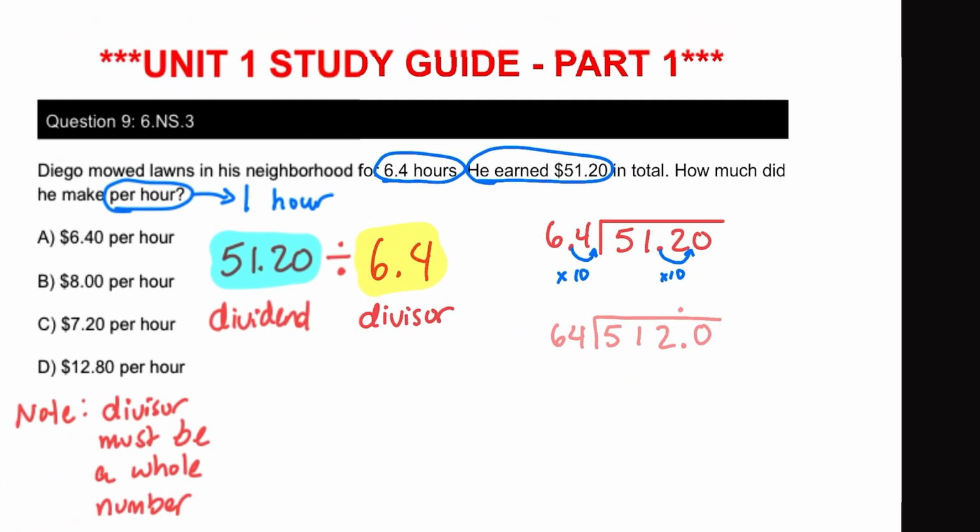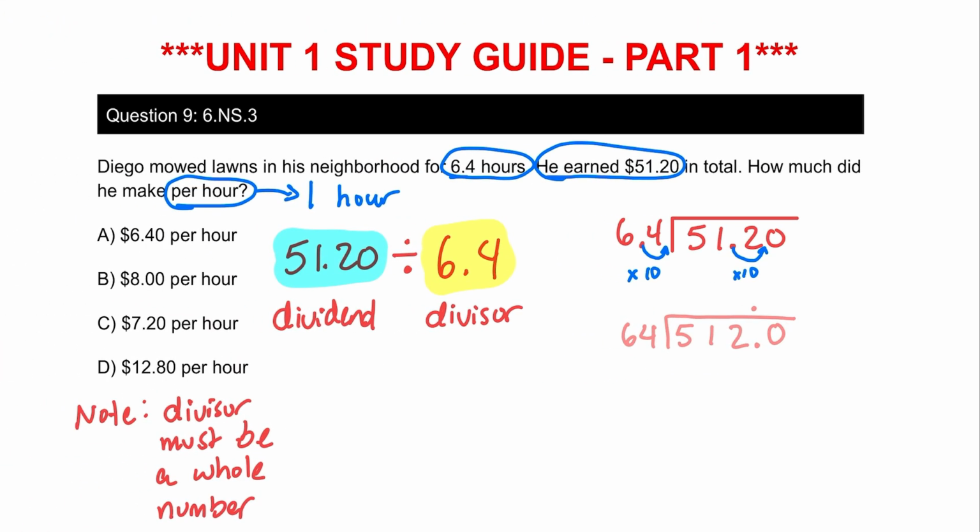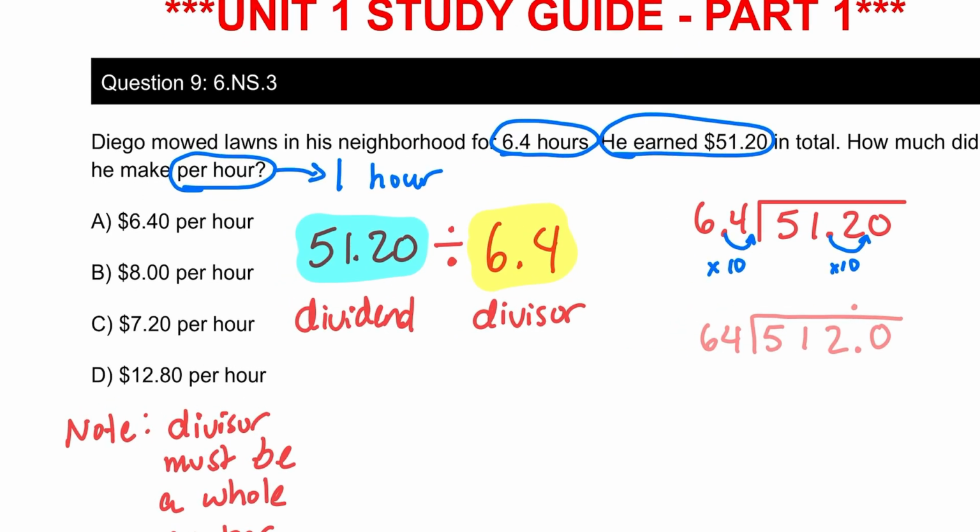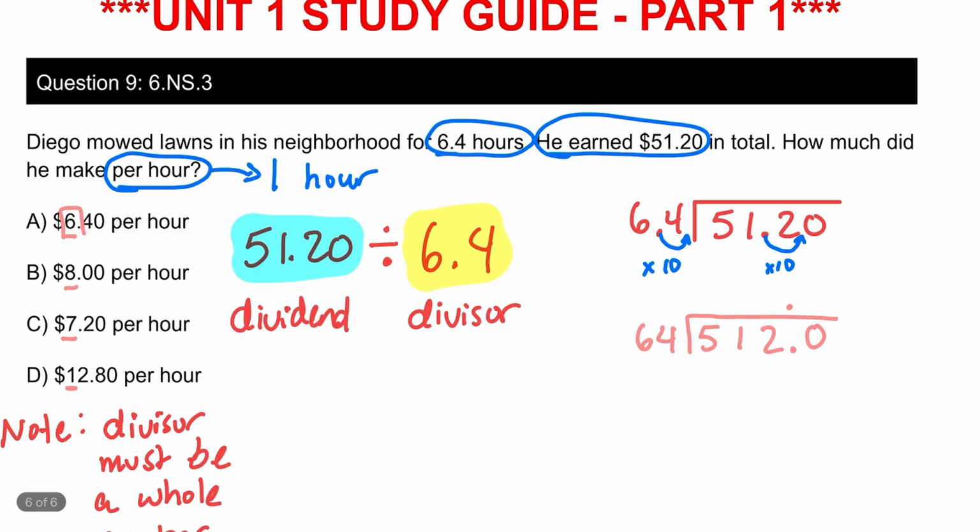Since it's a multiple choice question, I really recommend that we look at our choices. Choices A, B, C, and D each start with a different number. So choice A starts with a 6, choice B starts with an 8, choice C starts with a 7, and choice D starts with a digit of 1. Okay, so let's try using 6 first to see if that will give us the answer to take away from 512.